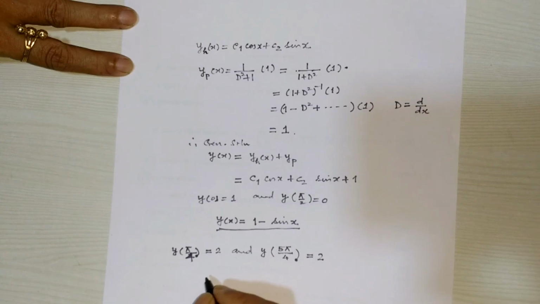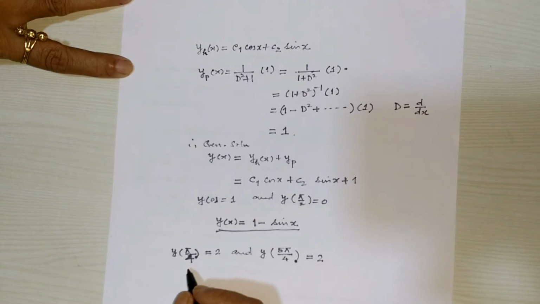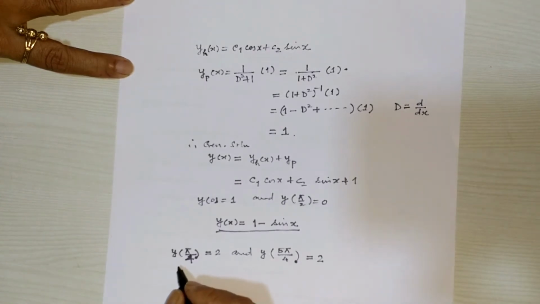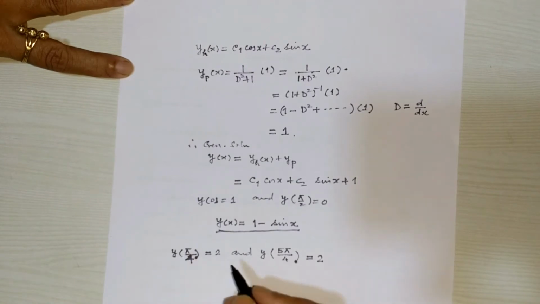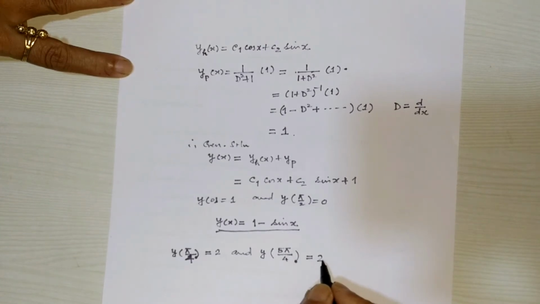Now we will see what happens if we make a slight change in the boundary conditions and try to find the solution of the same non-homogeneous differential equation, where we will take the boundary conditions as y at pi by 4 is equal to 2 and y at 5 pi by 4 is equal to 2.